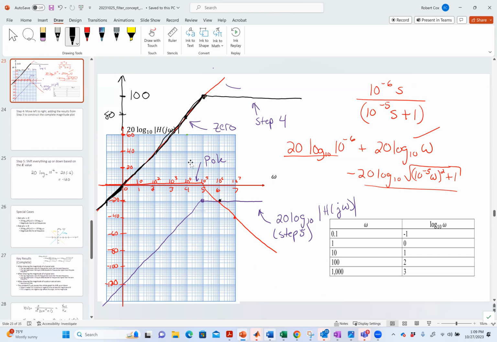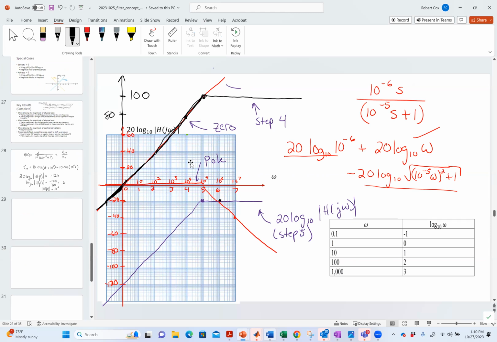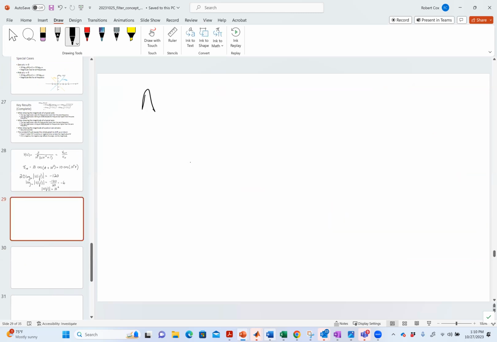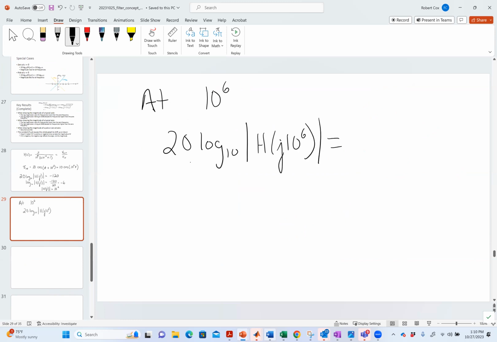Negative 20. At 10 to the 6th, I have 20 log base 10 of the magnitude of H of j10 to the 6th equal to negative 20. So it's still being attenuated because it's negative, but not as much.